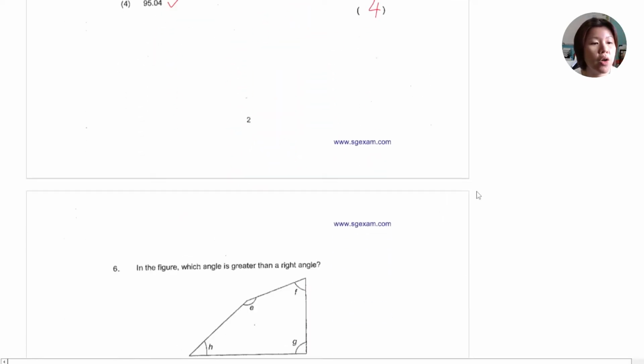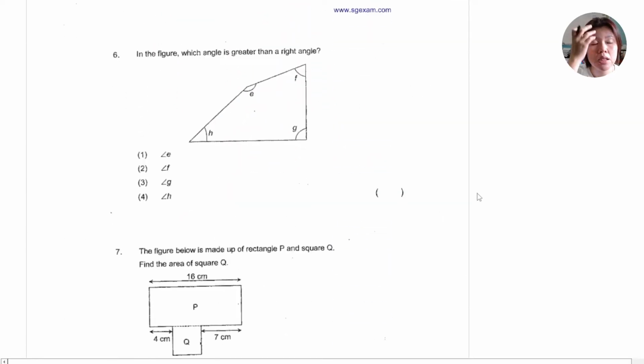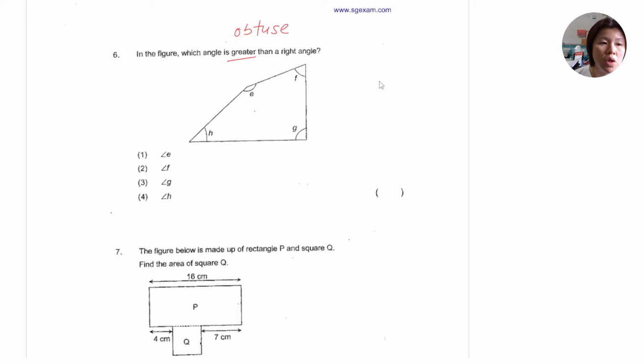Okay, let's move on to the next one. Angles. It's asking which angle is greater than a right angle. Right angle is actually 90 degrees, and greater means it must be an obtuse angle. Let's look at H. H is like that, so it's not. It's an acute angle. So H is out.